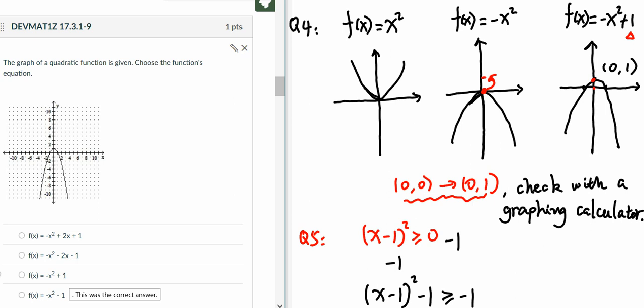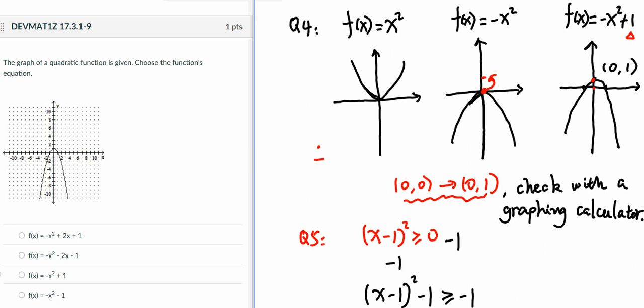Again, when you plug in 0 here, you should get +1. Which one is correct? You plug in 0 here, second one, 0 squared is 0, 2 times 0 is 0, and you get -1.